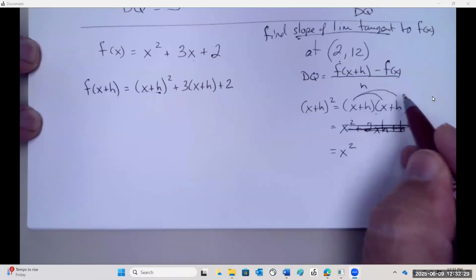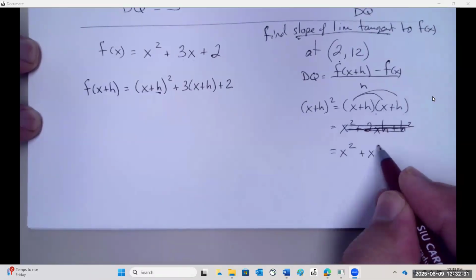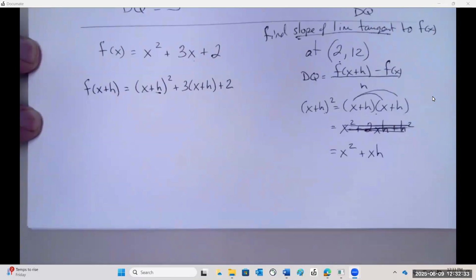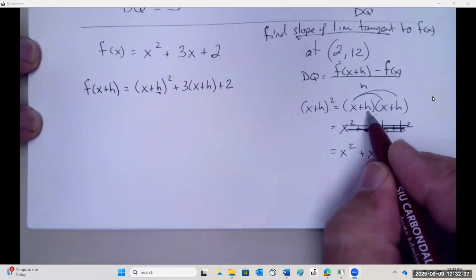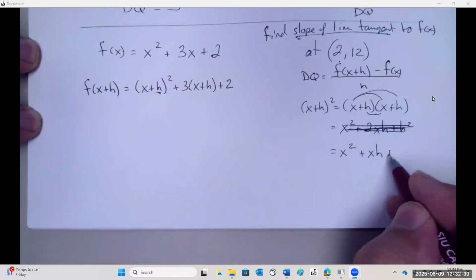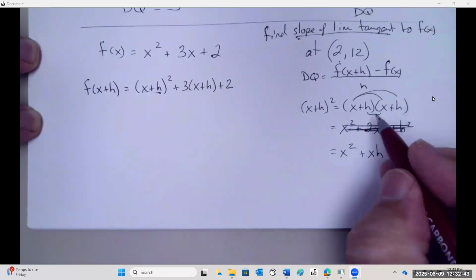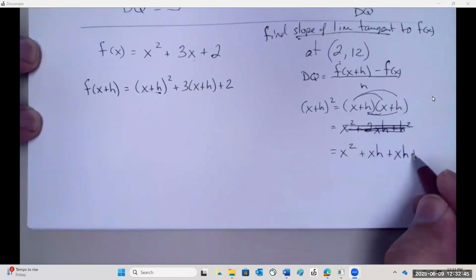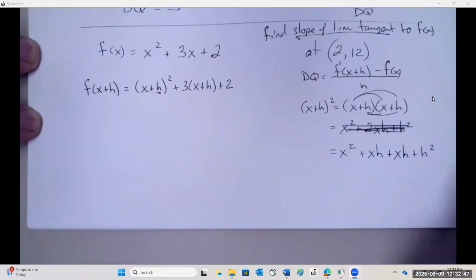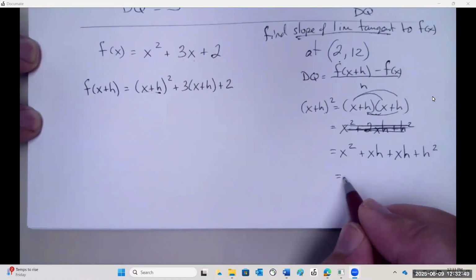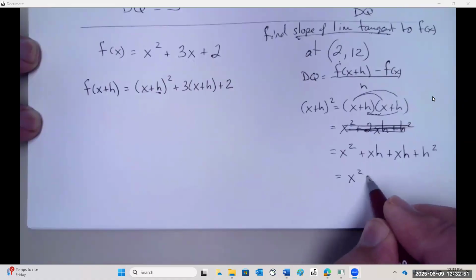X times h is xh. Now the h: h times x is xh. And then h times h. And combine like terms.